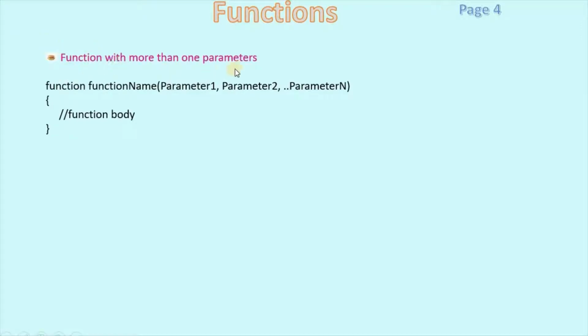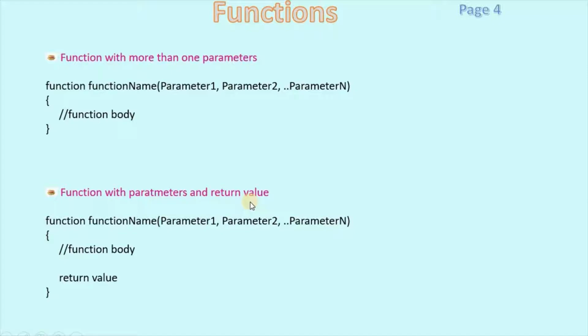Function with more than one parameter. Sometimes there may be a function having more parameters. There may be one or two or any number of parameters. So the syntax is function name, then parameters. Parameters must be separated with commas. And then curly braces, within curly braces the function body.